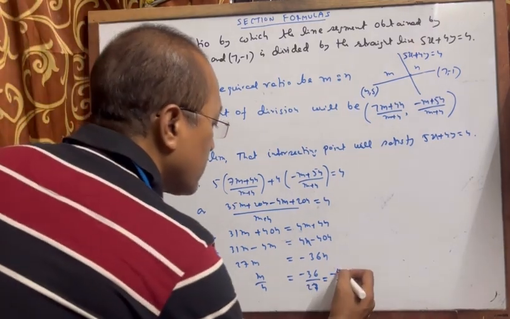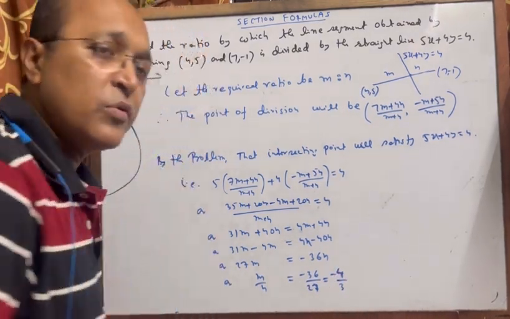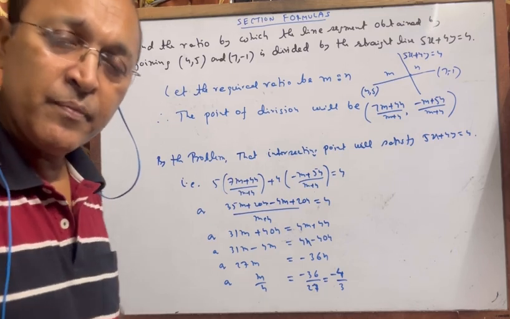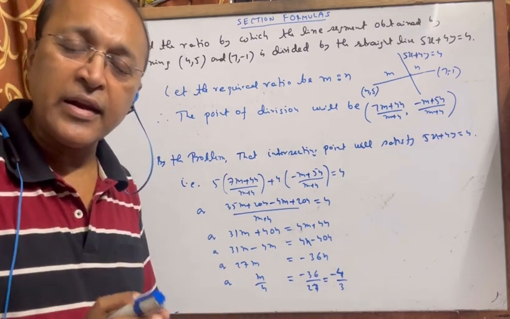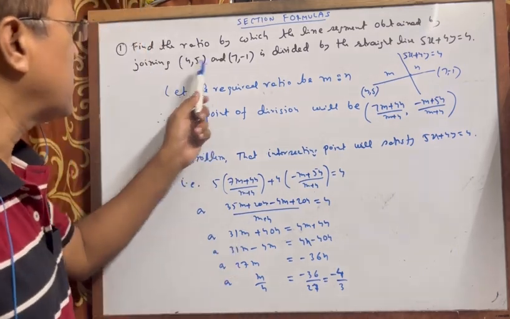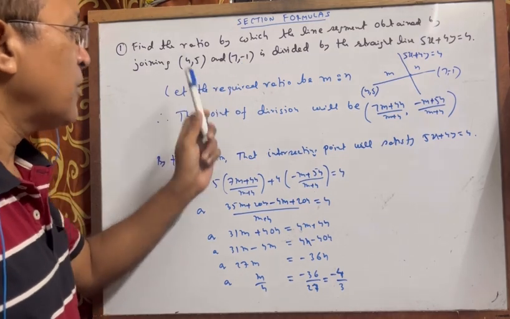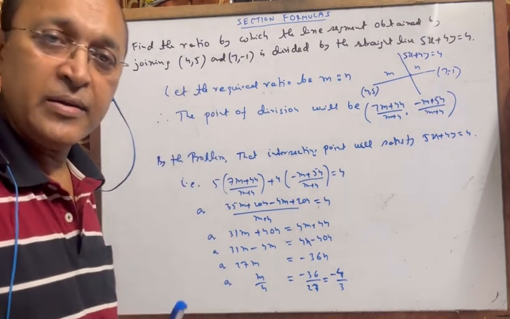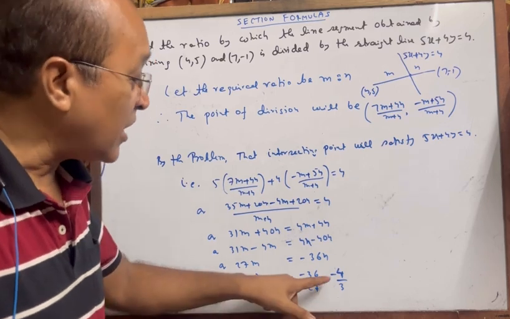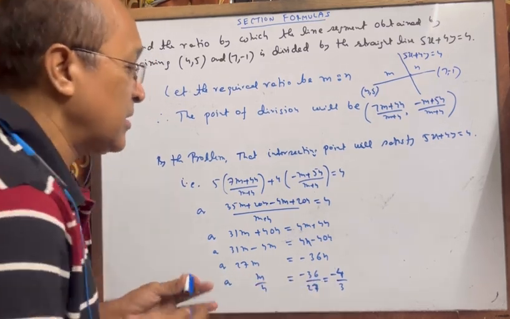So we have found the ratio by which this particular straight line joining these points will be divided, but externally, because here it is minus.